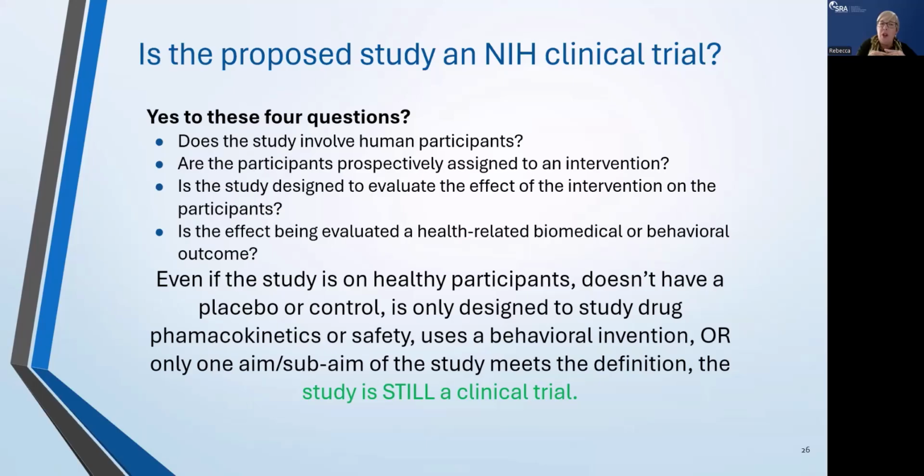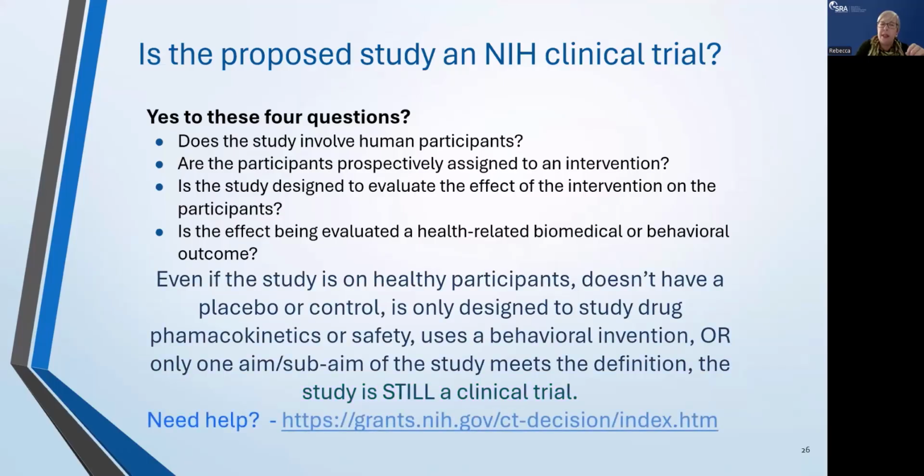So this is where your institution could definitely have clinical trials, and that tends to be with behavioral research. So just being aware of this, knowing these 4 questions, if you get a study that you are confused about, there is a decision matrix that can help you decide whether it's a clinical trial or not.